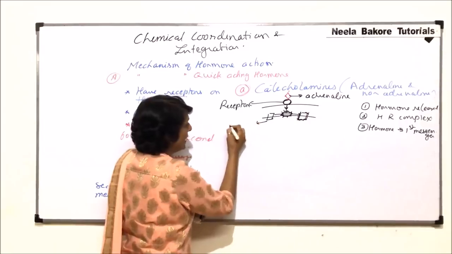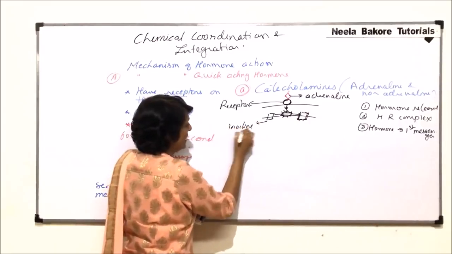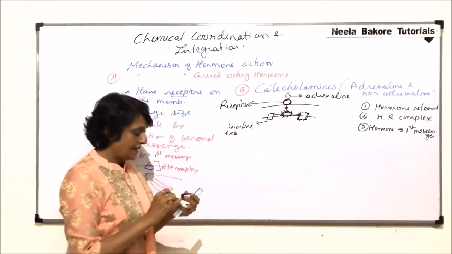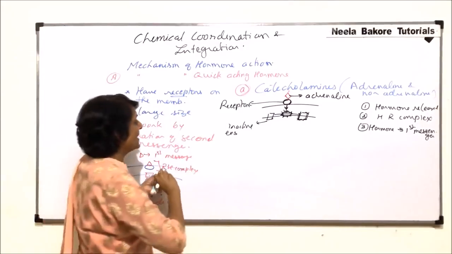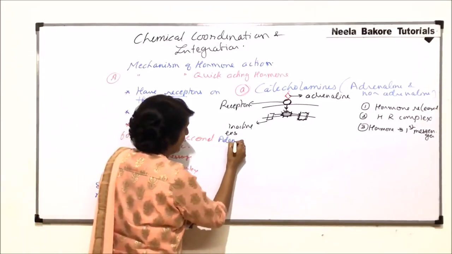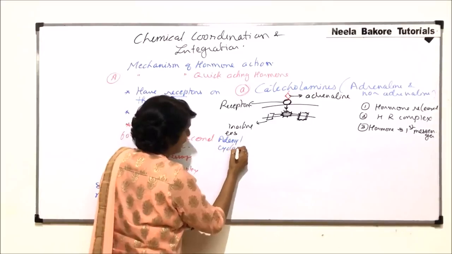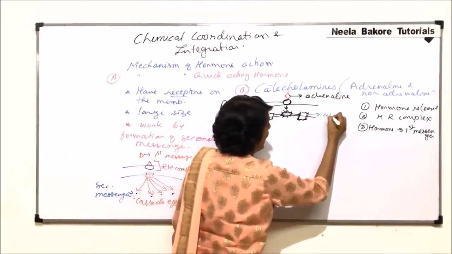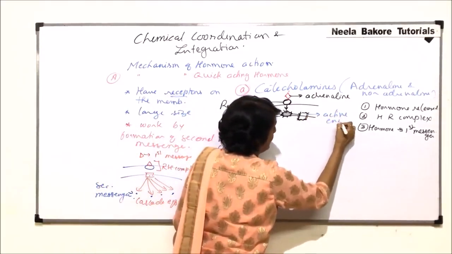So this is the inactive enzyme. The name of the enzyme is adenyl cyclase, and this is the active enzyme.